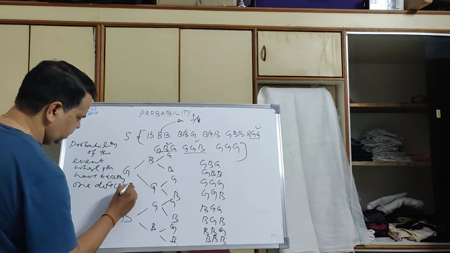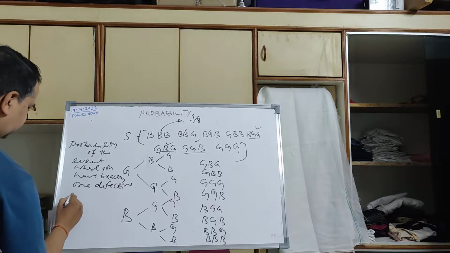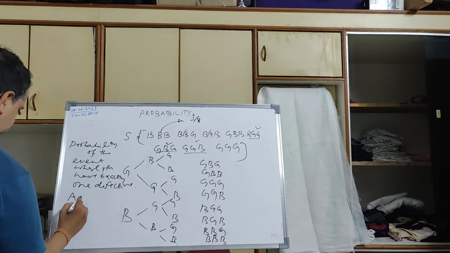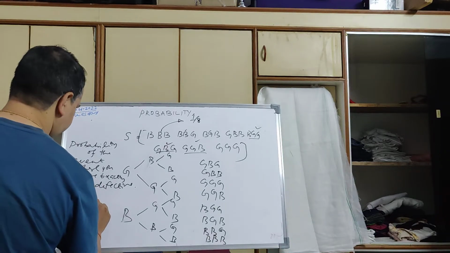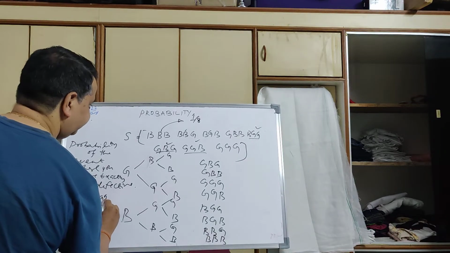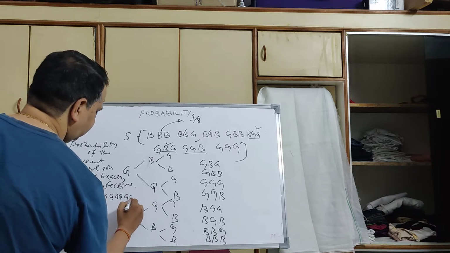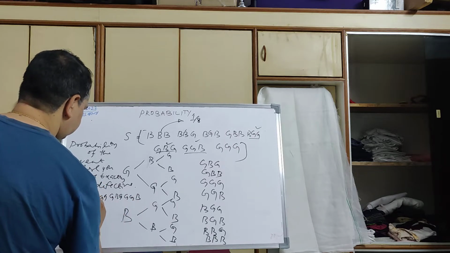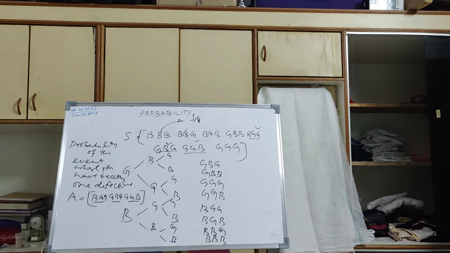So what is that event? That event is BGG, BBG and GGB. So that event, this is one, this is one, this is one. So there are three occurrences.